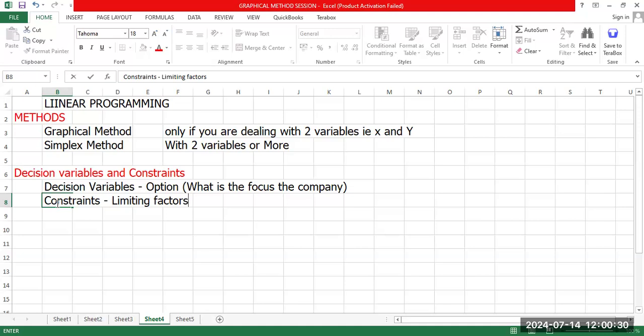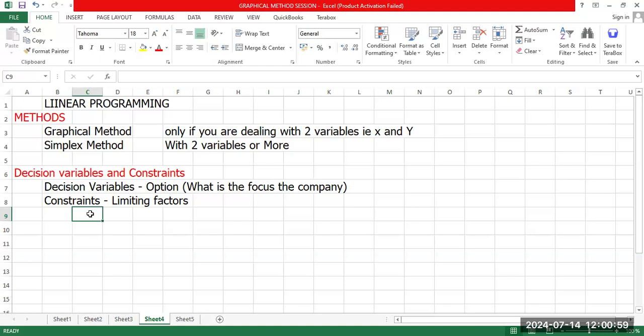Let's say your aim is to maximize profits by producing more products. But we all know there are factors that may limit you from producing as much as you wish.